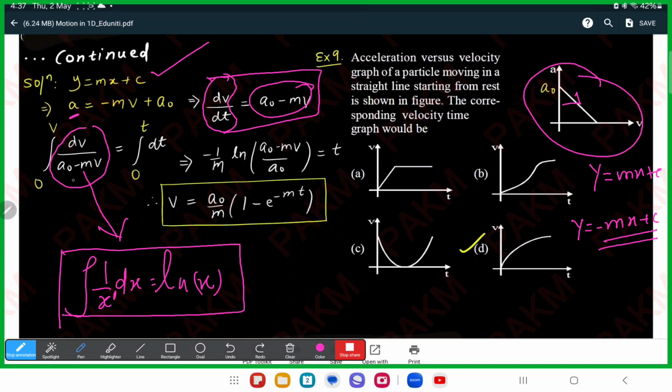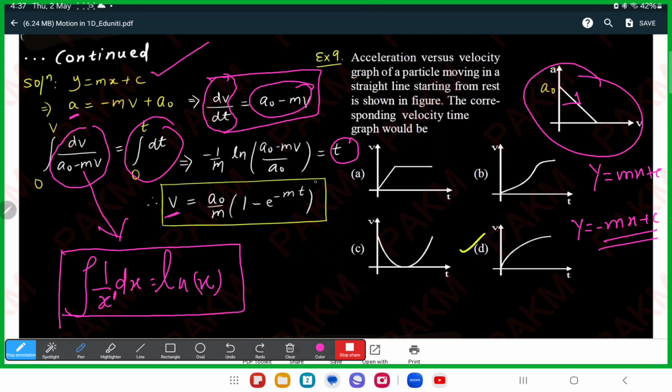So this integration is going to give you ln x, and the right hand side is going to give you t. Once we arrange the terms, we get v is equal to a naught upon m times 1 minus e to the power minus mt.